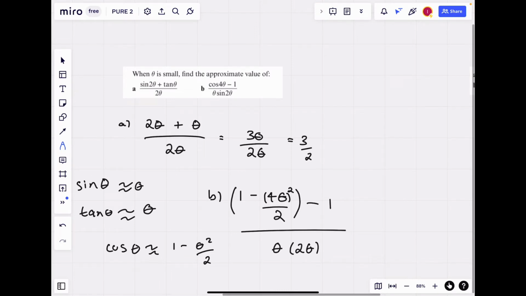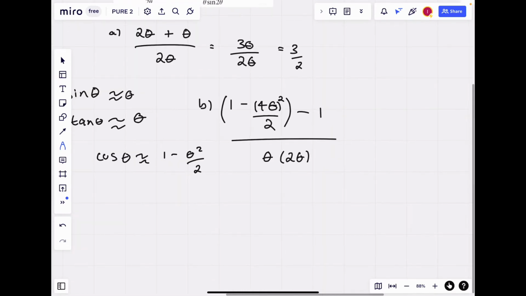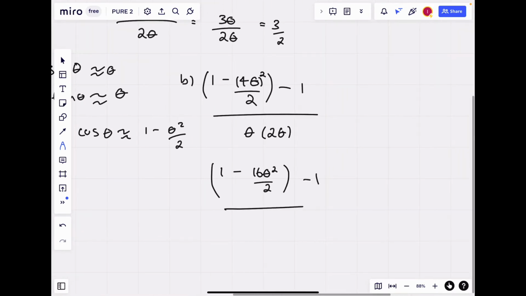Okay? If you didn't get up to that, but you understand it now, feel free to finish it off from there on your own. But from this point, it's just simplifying. So it's going to be 1 minus 16 theta squared over 2 minus 1 all over 2 theta squared.